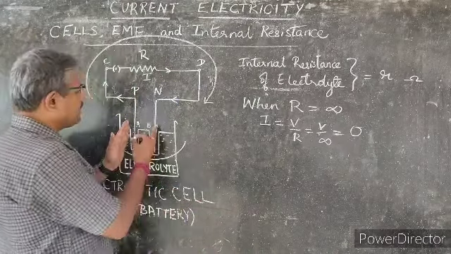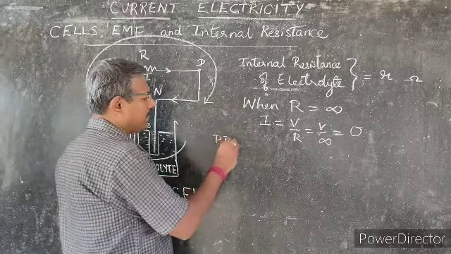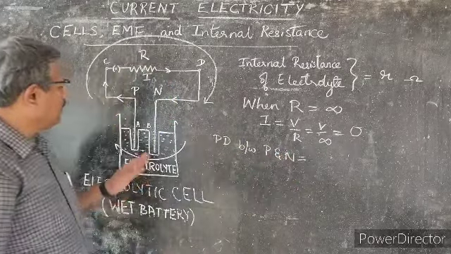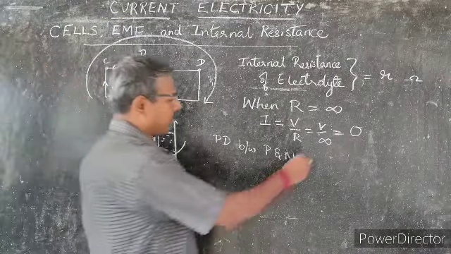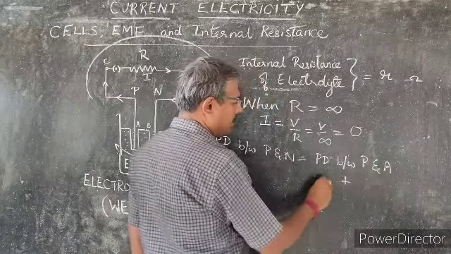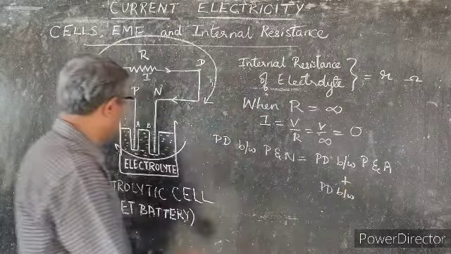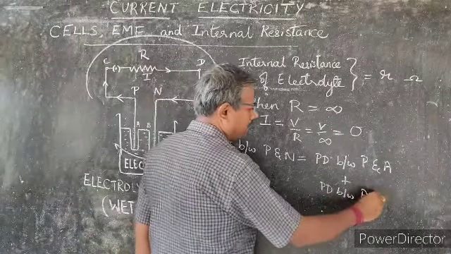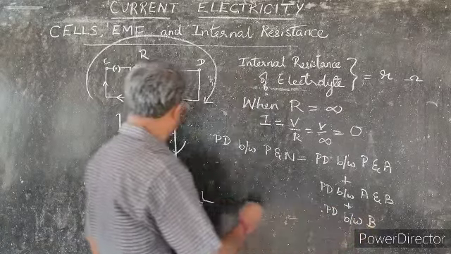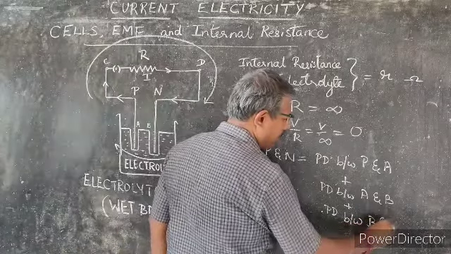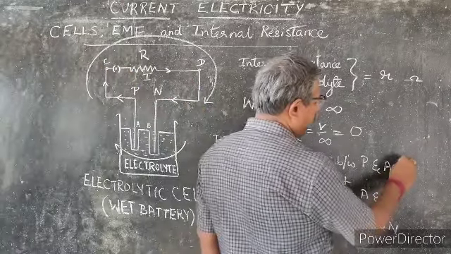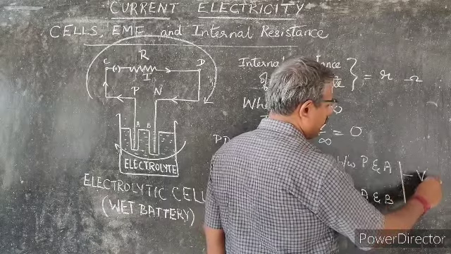Then the potential difference between points P and N is given by the potential difference between P and A plus the potential difference between A and B plus the potential difference between B and N. So the potential difference between P and A, as we discussed previously, was V plus.